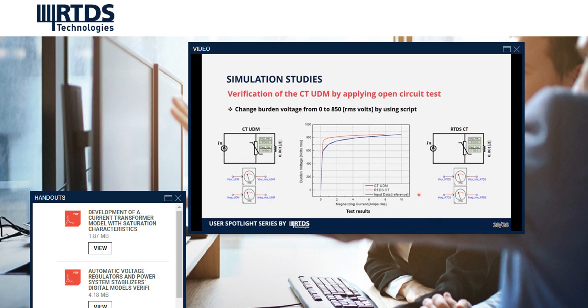In the middle, the simulation result is shown using a script to increase the RMS burden voltage from 0 to 850 volts with a gap of 5 volts. The black line is the result of CT-UDM, the red line is the result of the RTDS CT model, and the blue line is the reference, which is the input data.